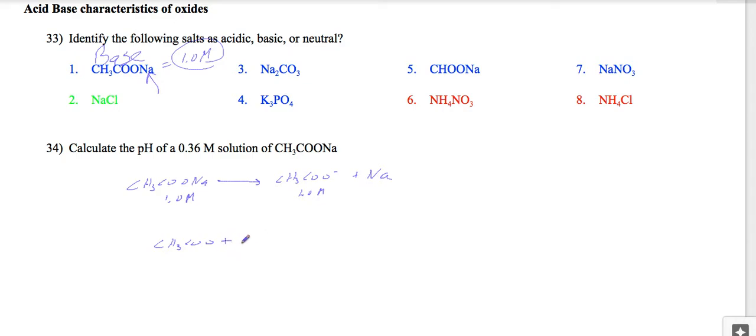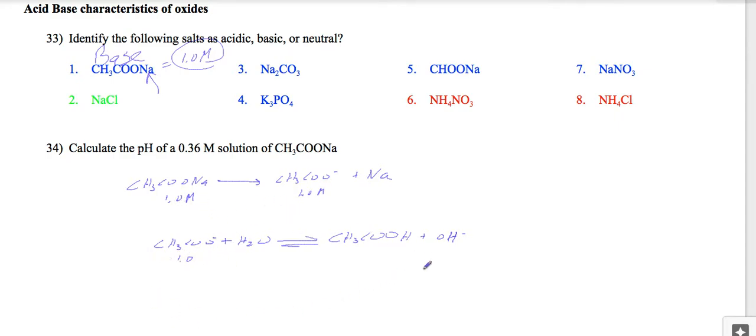It ionizes with the water in the aqueous solution, and we end up with the hydroxide ion. Our initial concentration here, which we're going to be doing when we do question number 34, is going to be 1 because it dissociated 100%.